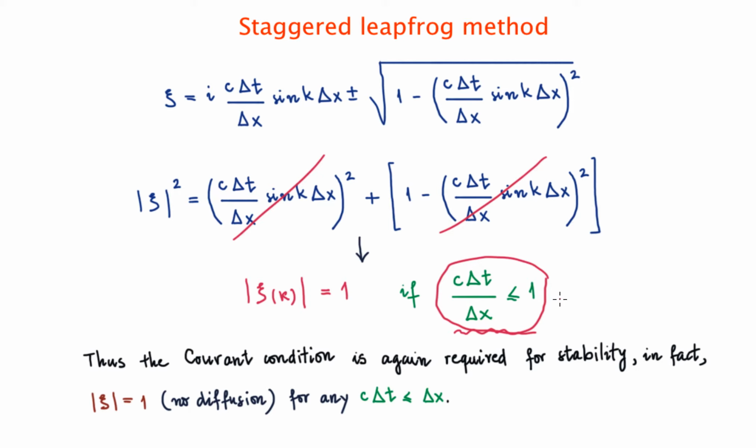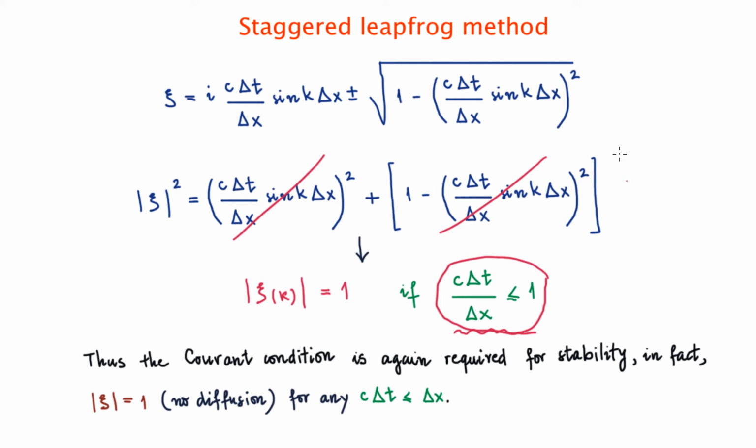And considering that the stability range is wider, it makes the method less expensive to apply, because you can play with both delta t and delta x. You can play with the time step and space steps in order to fit your accuracy requirement associated with the problem.